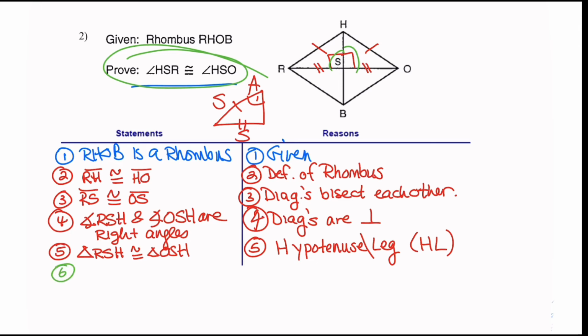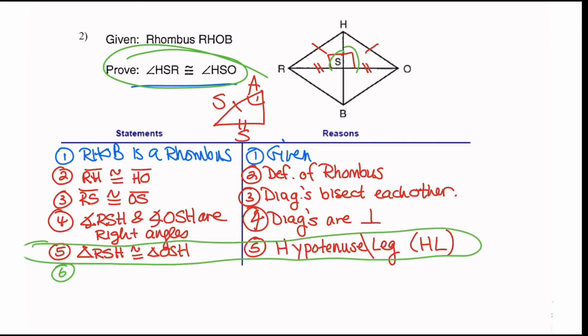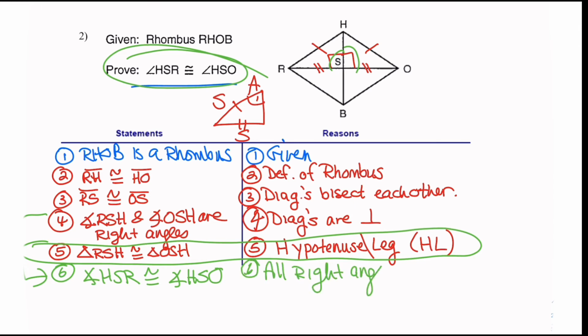So I actually didn't really need this part of the proof, because I could have just gone right from here to here and said angle HSR is congruent to angle HSO because all right angles are congruent.